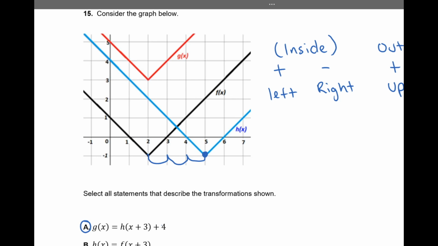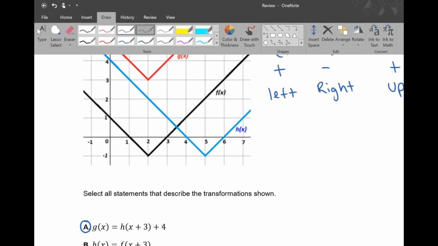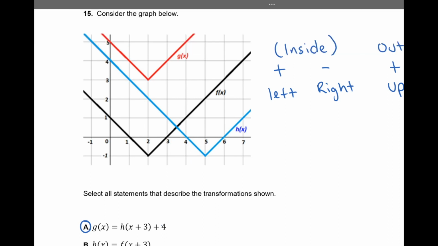Okay, I'm going to erase this. And then let's go ahead and do green for the next one. So it wants us to land at h of x, but it wants me to start at f. So it wants me to start at the green dot.